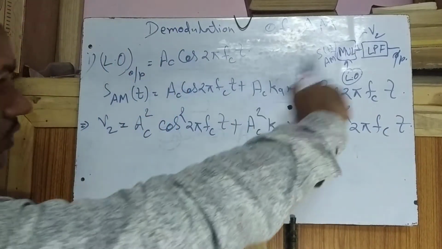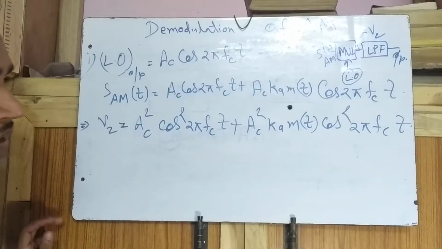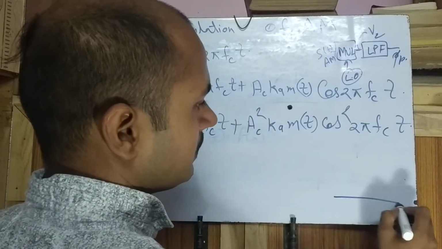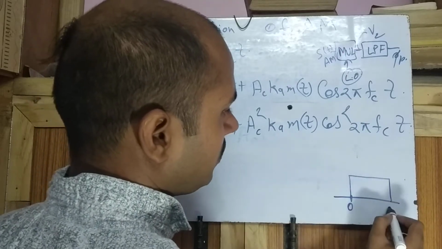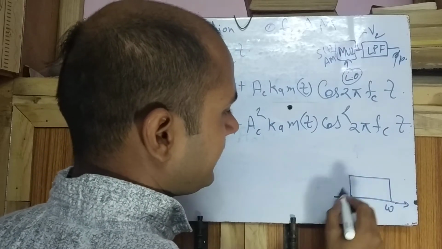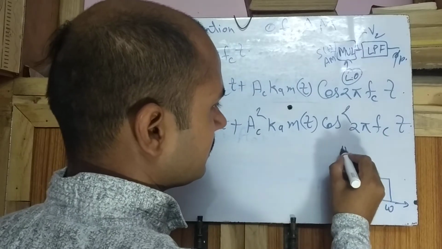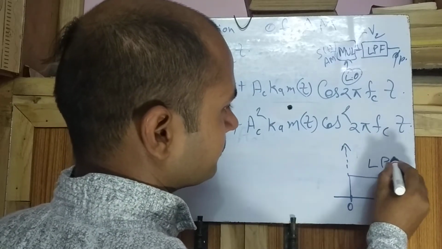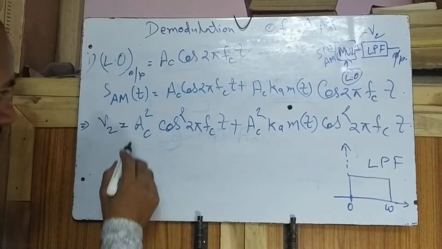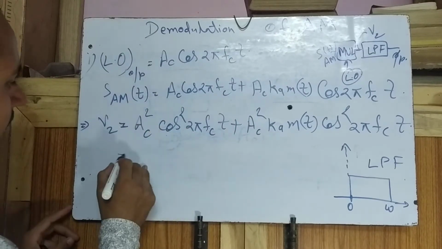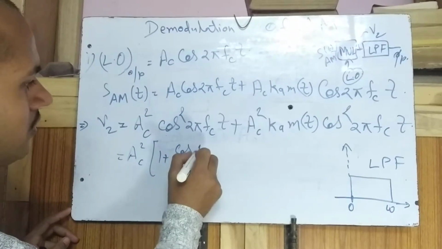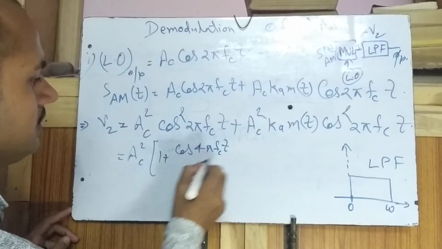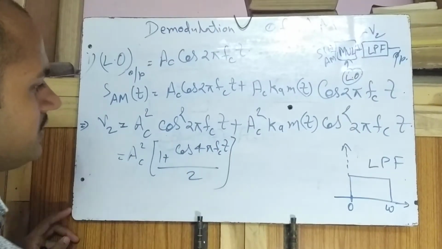Now this V2 will go to the low pass filter, and the low pass filter has the characteristic like this: 0 to ω. This is the LPF. So the first term has two components, (1 plus cos 4πfct) divided by 2, right?